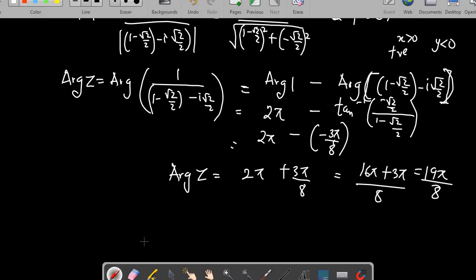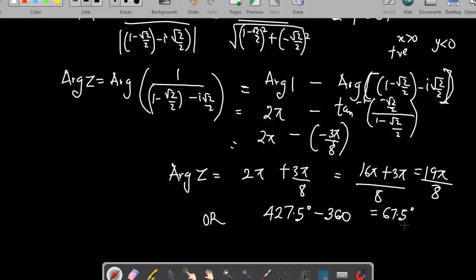Alright, or in degrees, that will be 19 times 180 divided by 8. Okay, that's 427.5 degrees. Let's bring it back within 360. So I can subtract 360 from this, and I have 67.5 degrees.